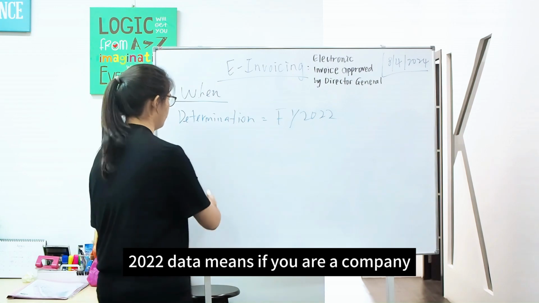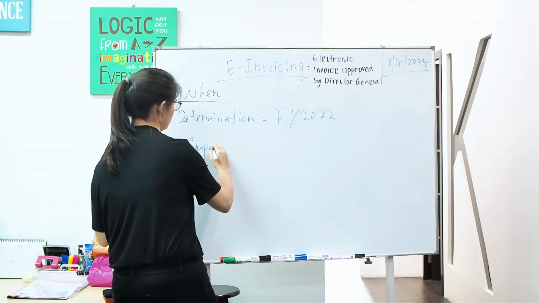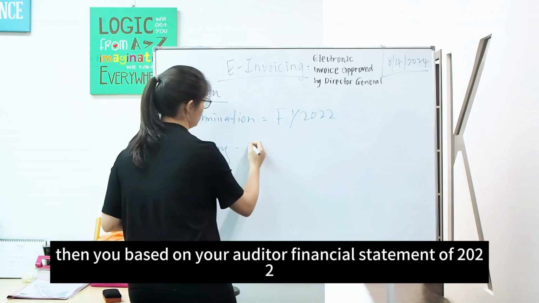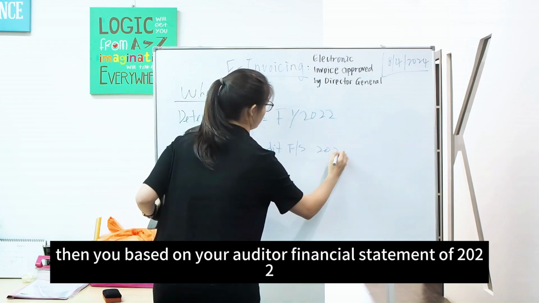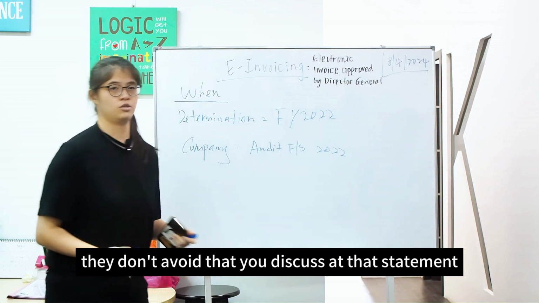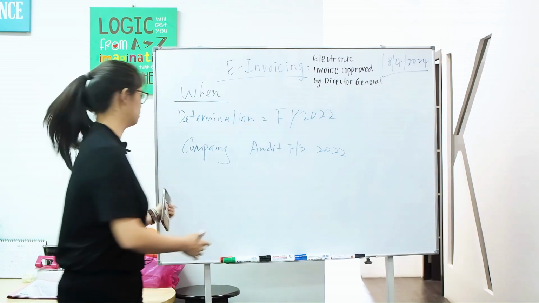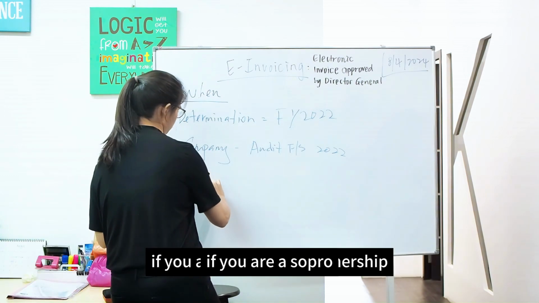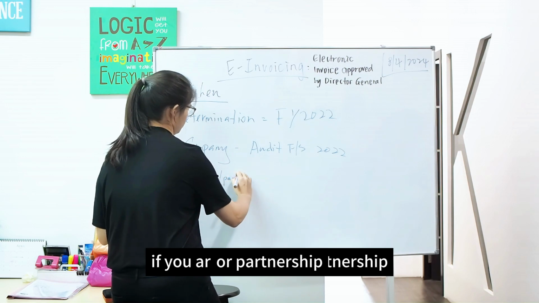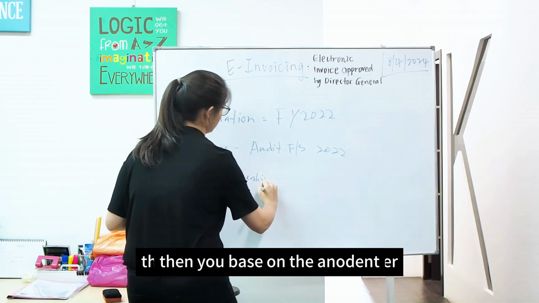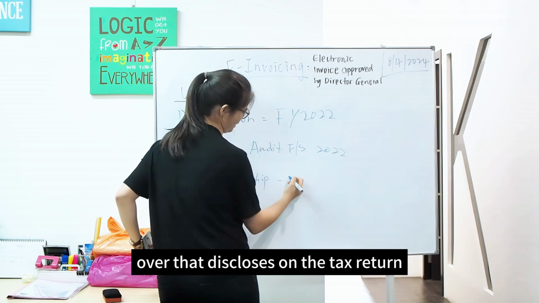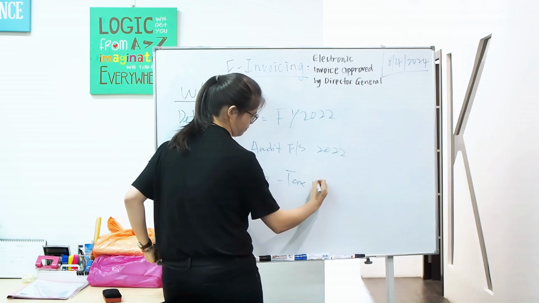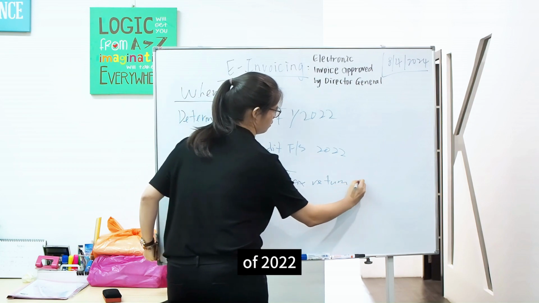Means if you are a company, then you base on the turnover disclosed in your audited financial statement of 2022. If you are a sole proprietor or partnership, then you base on the annual turnover disclosed on the tax return of 2022.